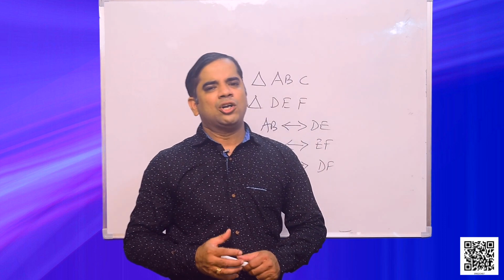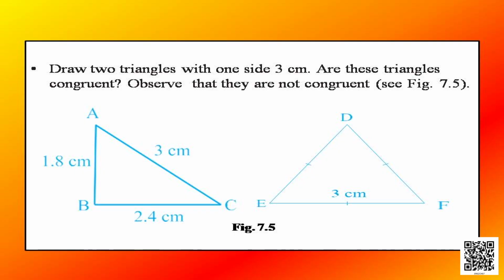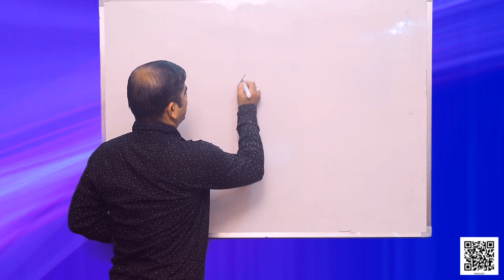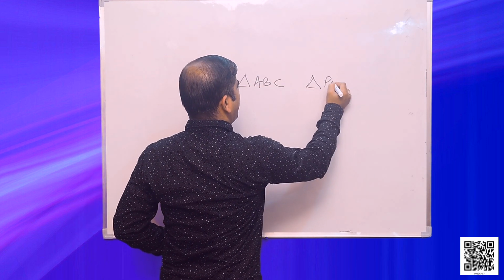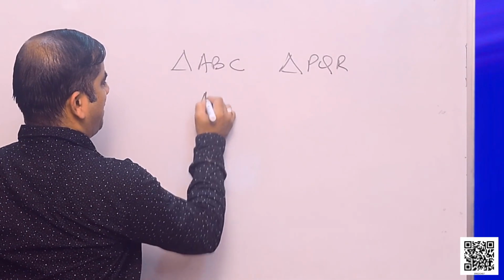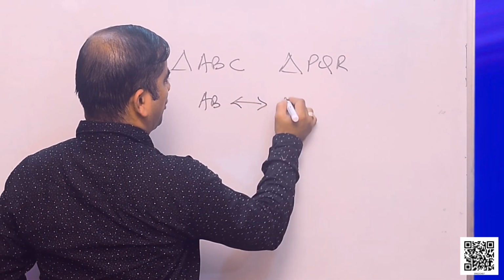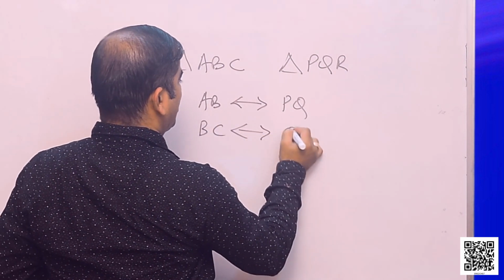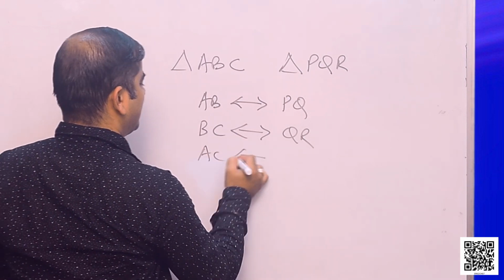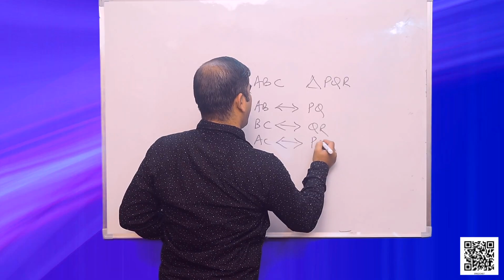Now draw two triangles with one side 4 cm and one angle 50 degrees. Are they congruent? Let us check it out. As you can clearly see, if I name the triangles as triangle ABC and triangle PQR, AB should correspond to PQ, BC corresponds to QR and AC to PR.